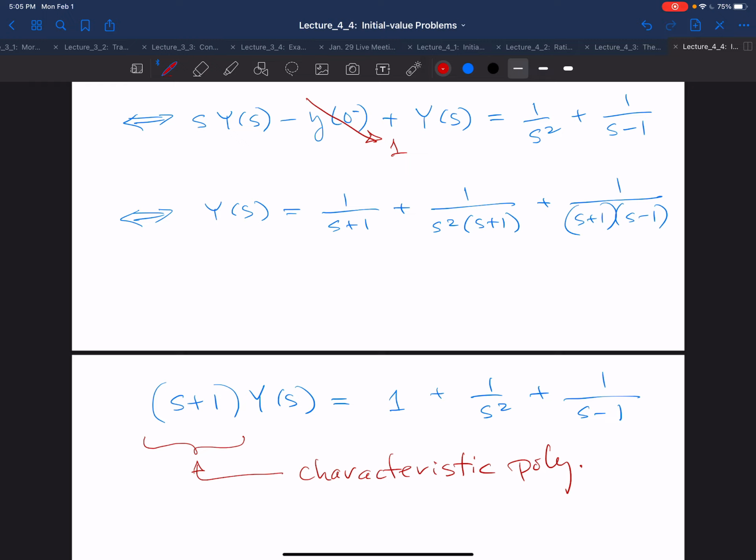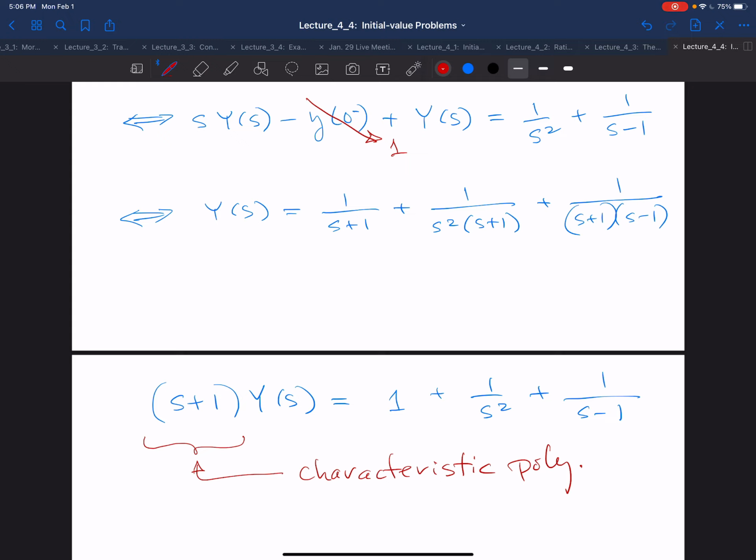This just arises because of the specific linear combination of y and its derivatives that appears in the equation. And as we'll see when we get to systems and signals, this characteristic polynomial essentially captures the intrinsic dynamics of the system itself, which are independent of any forcing function that you might apply.